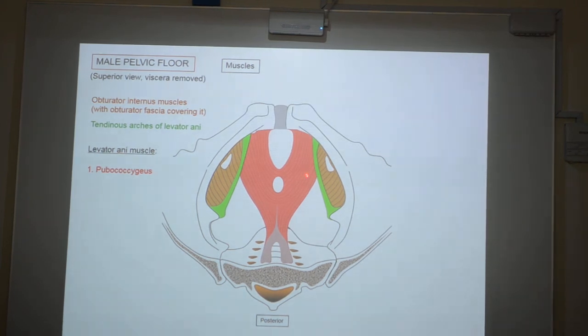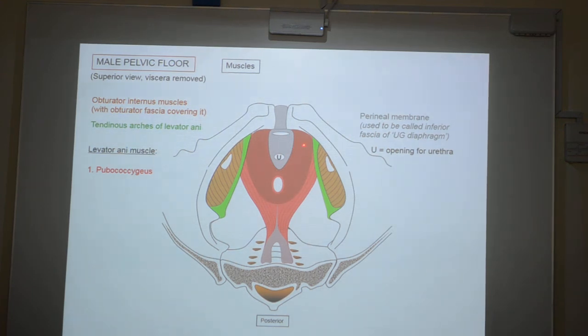Then this pubococcygeus, we can see that it also surrounds the rectum. So we can give that part a different color. The part of the pubococcygeus which surrounds this rectum, we call puborectalis, because it emerges from the pubis, surrounds the rectum and goes back. So pubococcygeus and puborectalis are part of what?